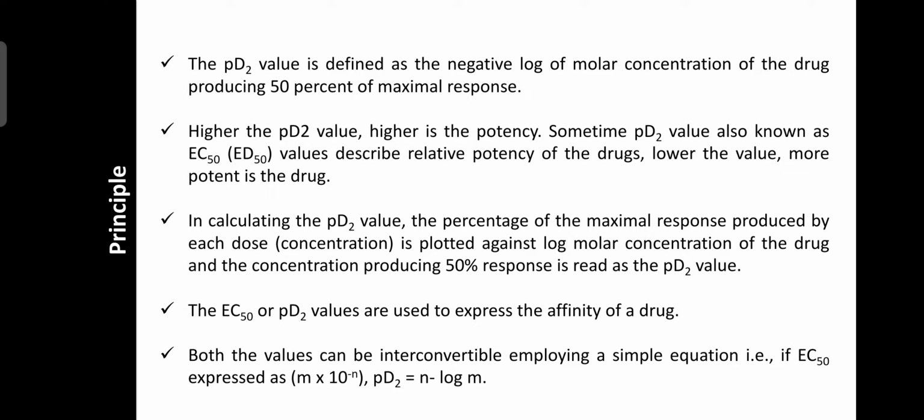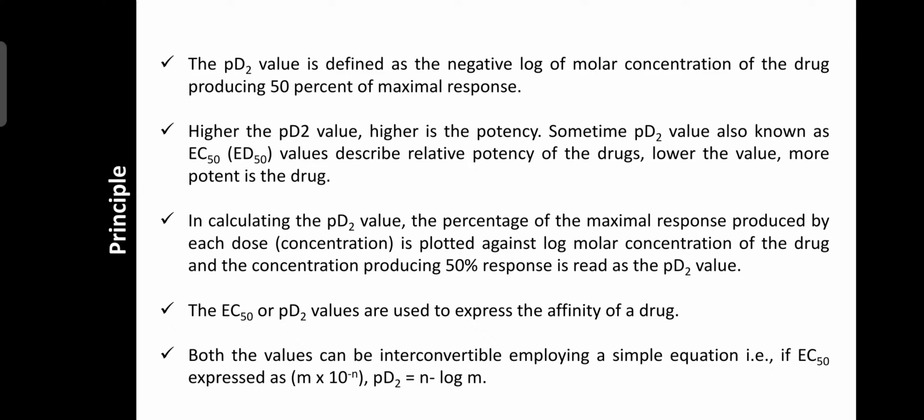So regarding principle, the PD2 value is defined as the negative log molar concentration of the drug producing 50% of maximal response. Higher the PD2 value, higher is the potency.